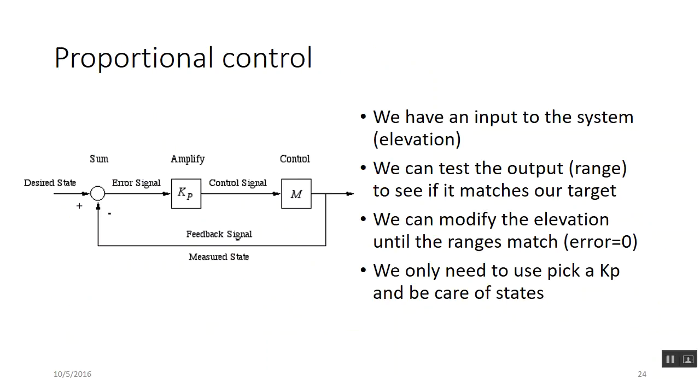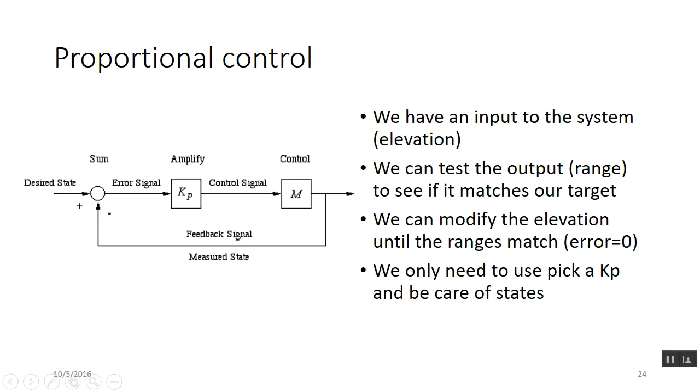Because we're reframing this as a controls question, I just wanted to show you very quickly what a proportional controller diagram looks like, because that's what we're going to be implementing. It's pretty straightforward. You have some state that you want to be in. In our case, it's going to be some range that the radar told us, the ship is at however many feet.